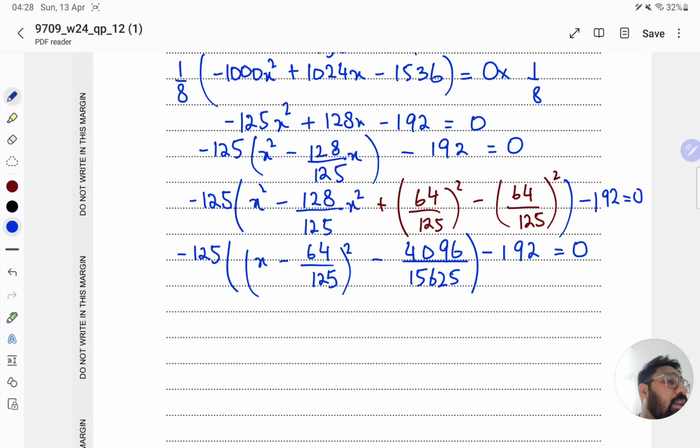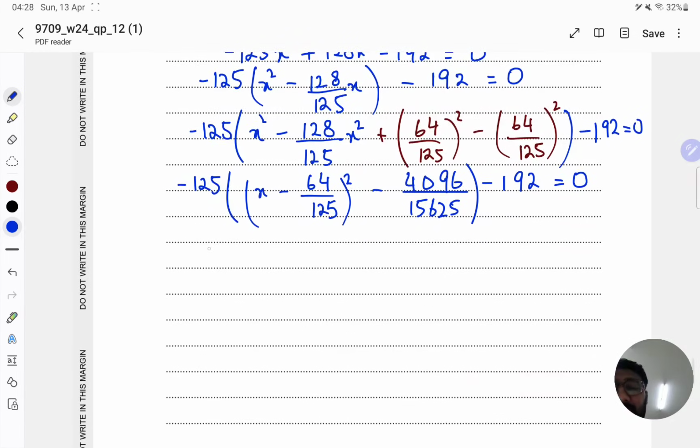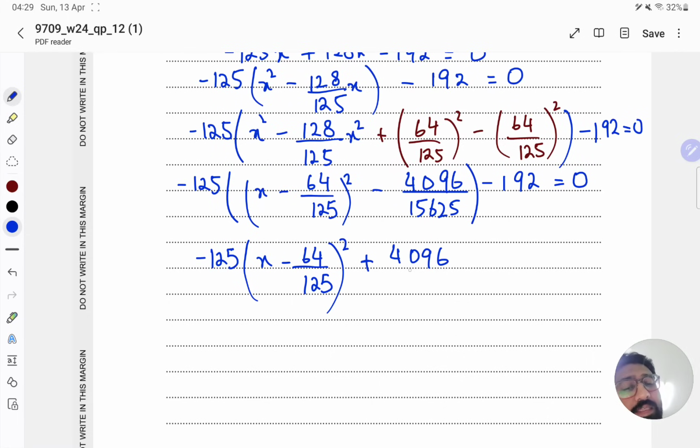Now after that, I will expand the bracket by multiplying it with minus 125. So it will become minus 125 bracket x minus 64 over 125 whole square plus 4096 divided by 125 minus 192 equals 0.